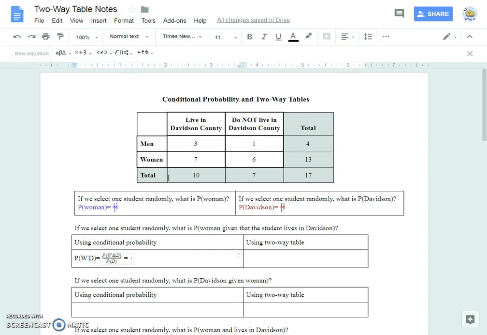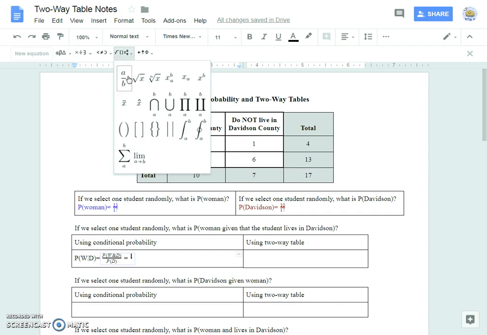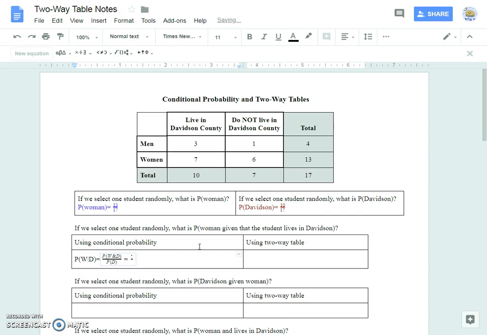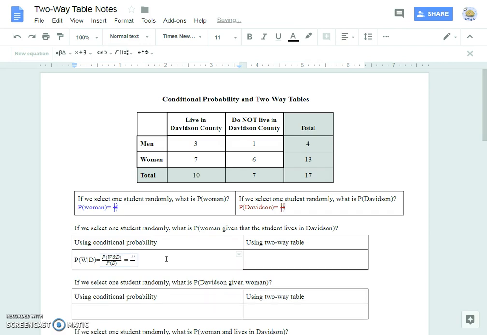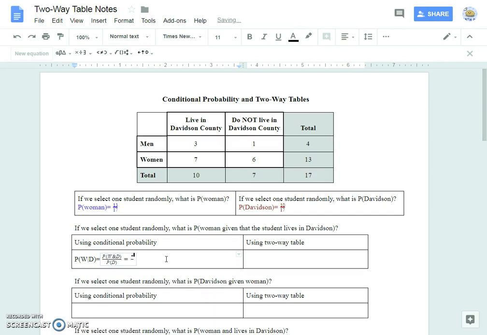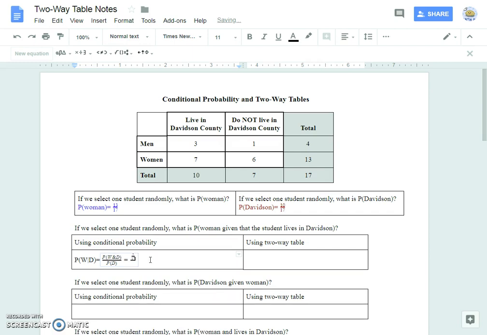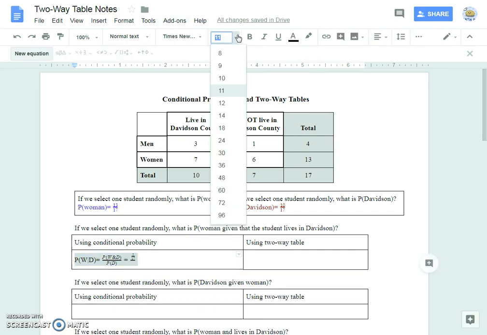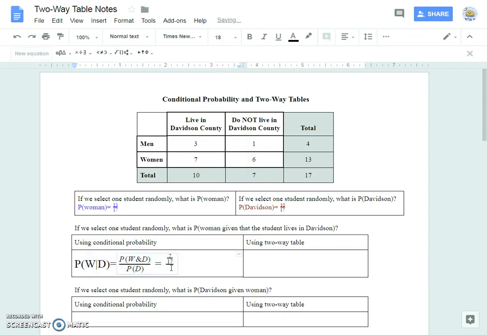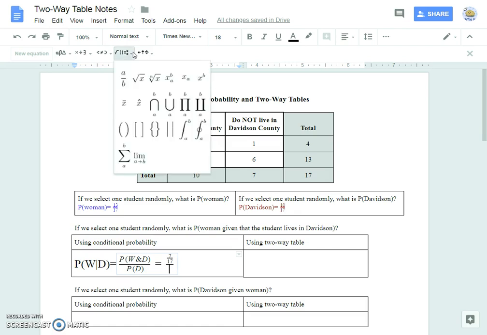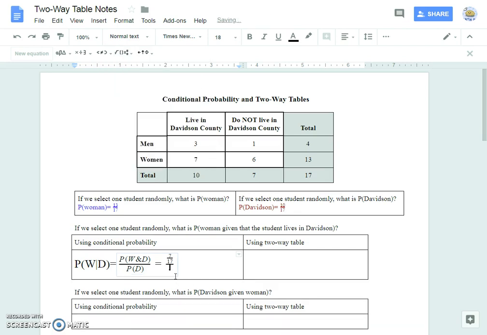That is 7 out of 17. Let's make this a little bit larger here. And the probability that they live in Davidson County is our 10 out of 17.